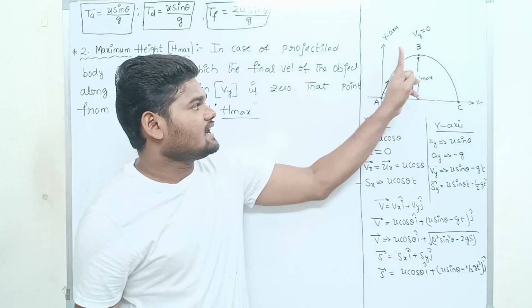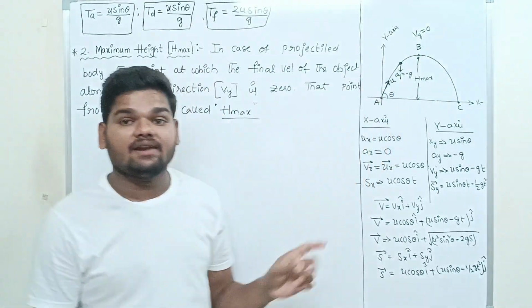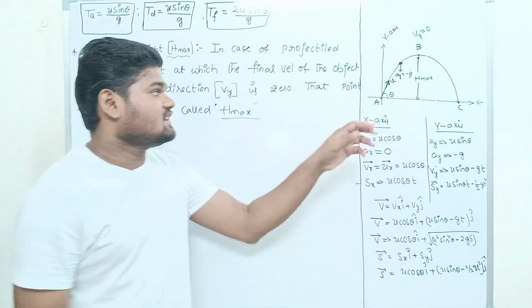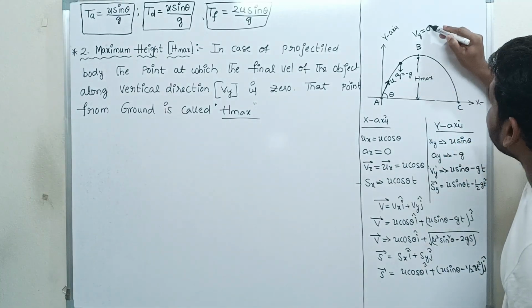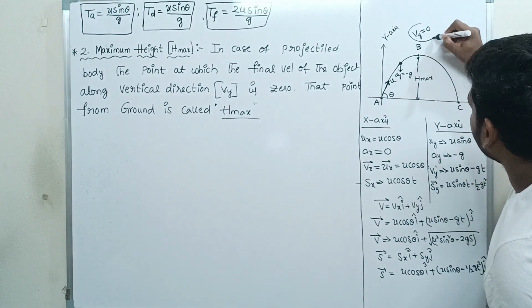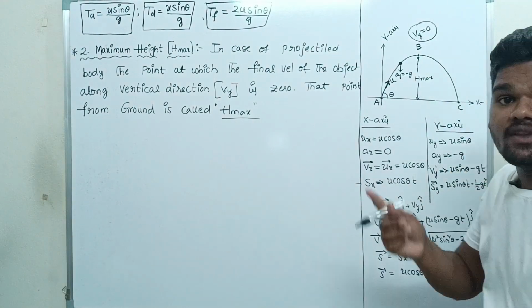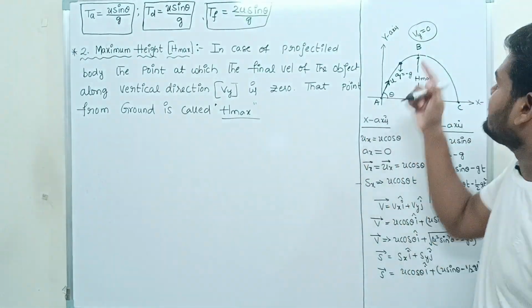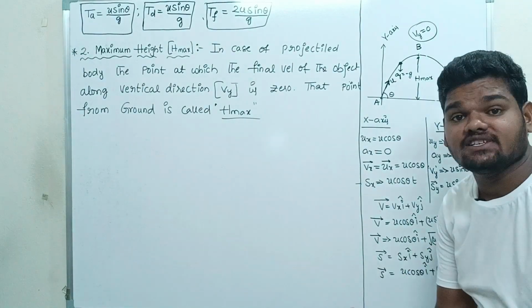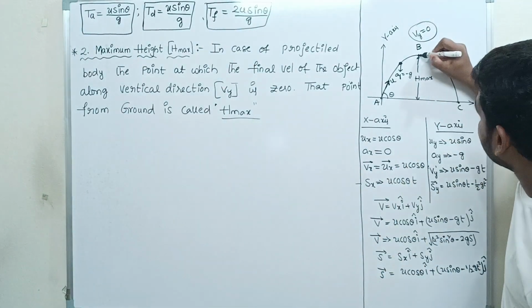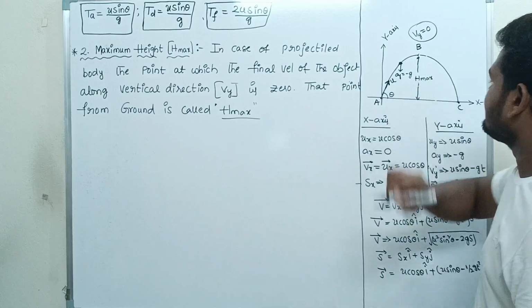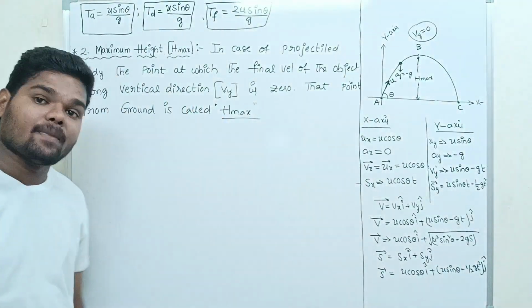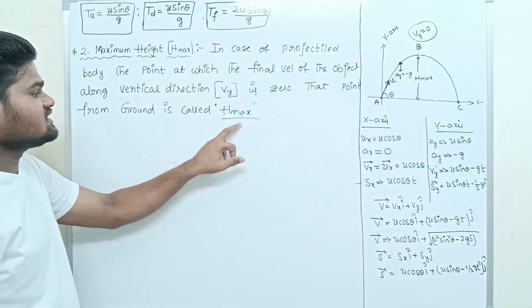In case of a projectile body, the point at which, here is point B, the final velocity of the object along the vertical direction becomes zero, that point from the ground is at a maximum height.